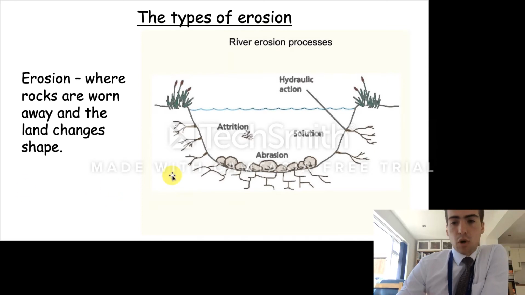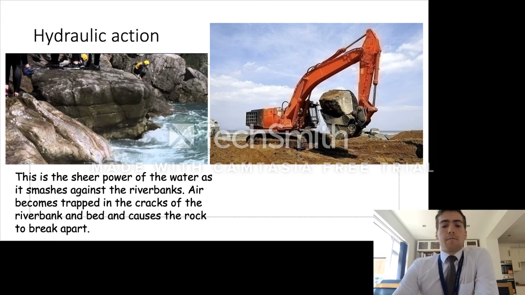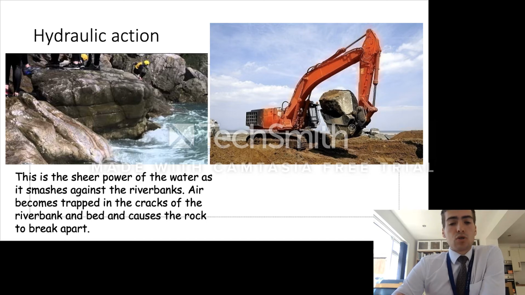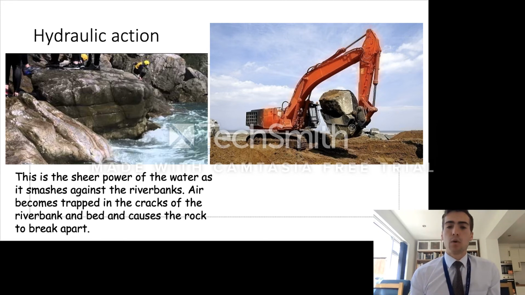The first one we're going to look at is hydraulic action, pointing at this here on the diagram. Hydraulic action is the sheer power of the water as it smashes against the riverbanks. Air becomes trapped in the cracks of the riverbank and bed and causes the rock to break apart. Imagine in some areas of the river, the water will be flowing extremely quickly.